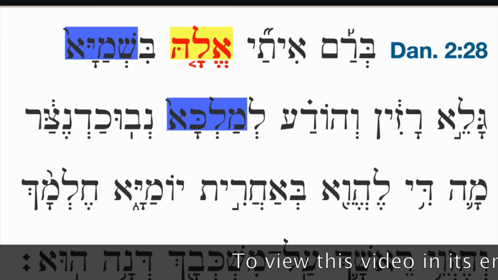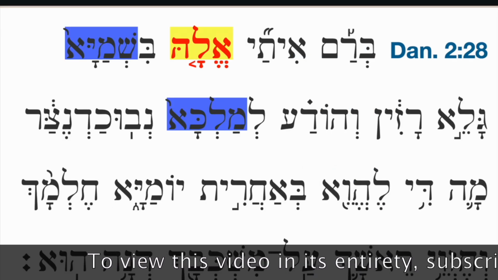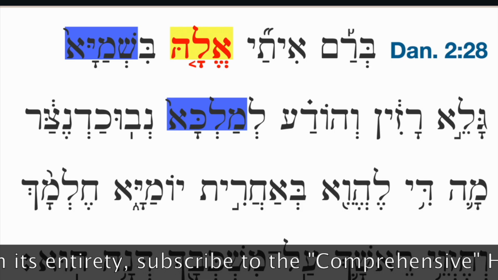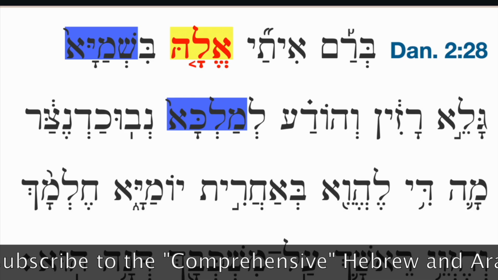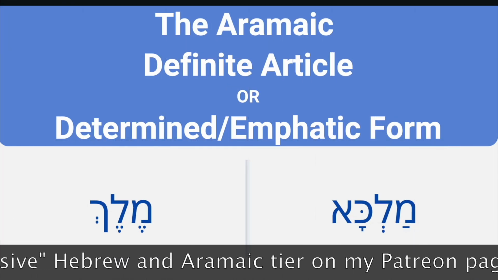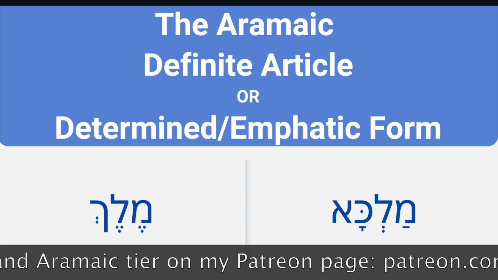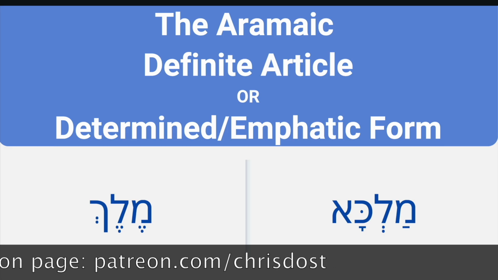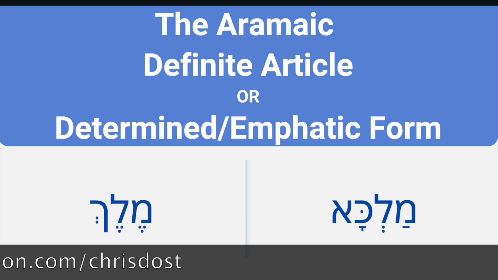All right, let's look at another masculine singular absolute noun from Daniel 2. And here we get Allah, which means God or a God. So we've seen that these forms basically follow the paradigm melech, malkah. That's our model or our paradigm. Melech becomes malkah. So what did we say about feminine singular nouns and adjectives?